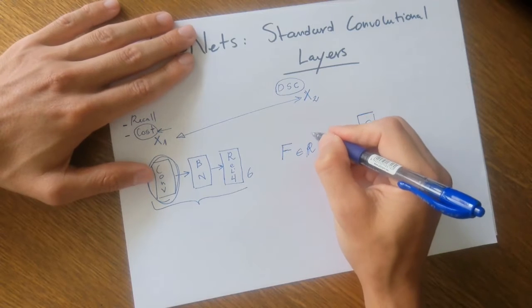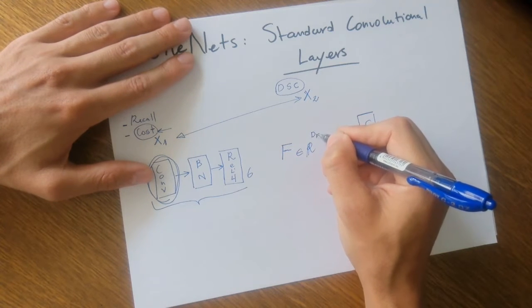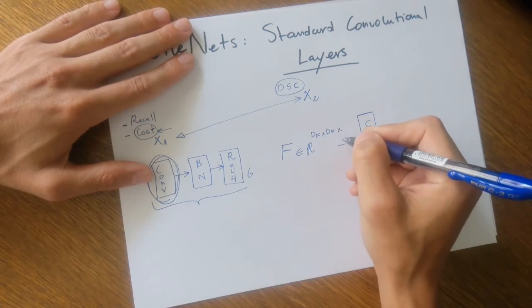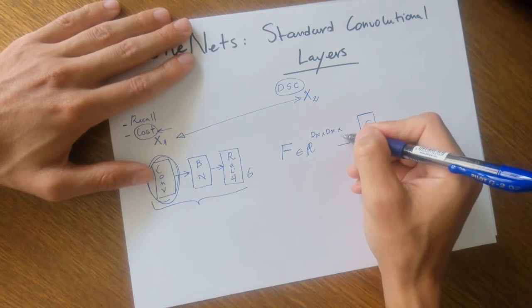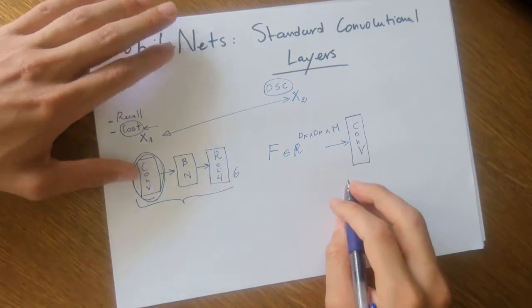So the input has the following dimensions. It has a height of df, a width of df, and the depth, or the number of channels, is equal to m, right?